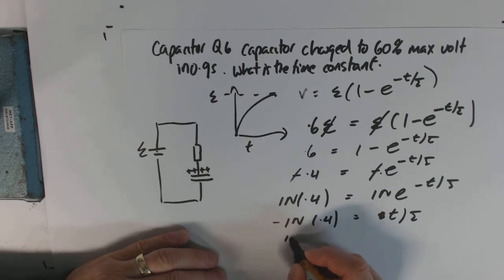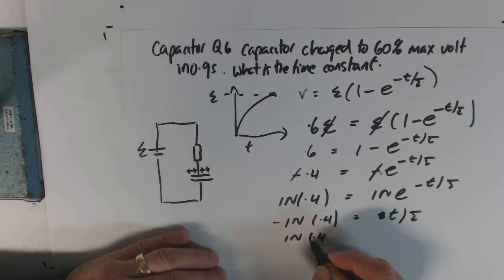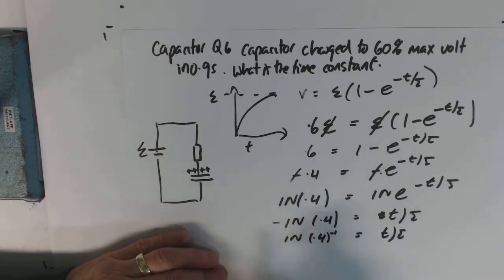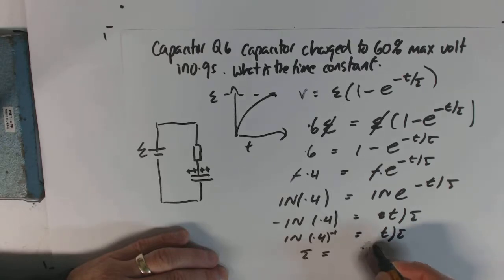So we can actually write that as the ln of 0.4 to the minus 1 equals t all over that tau. But we all know that ln of 0.4 to the minus 1 is the ln of 1 over 0.4. So I'll bring that all down there so that we can actually solve it, and the time constant will be equal to t, which is 0.9, all divided by the natural log of 1 over 0.4.